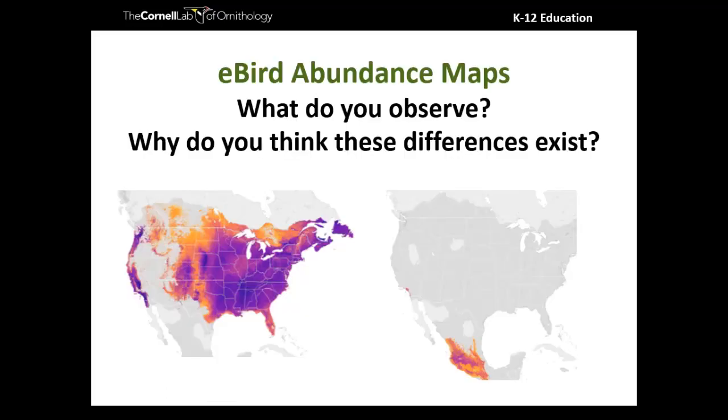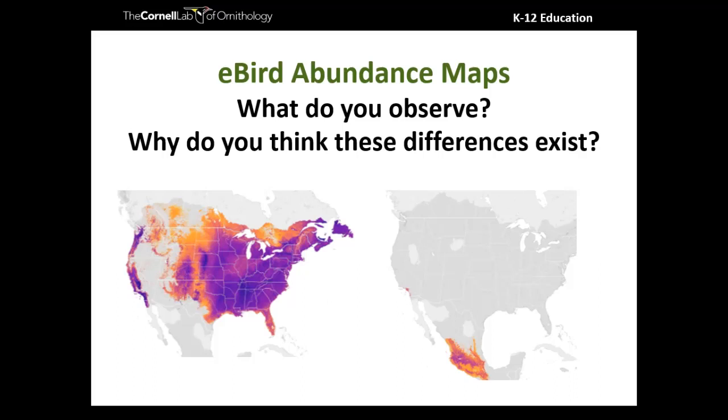So what eBird allows us to do is drill down to a really, really fine level of detail and predict the abundance of birds for a particular species during a particular time of year and where they are. So the next couple maps I'm going to show you are eBird abundance maps.